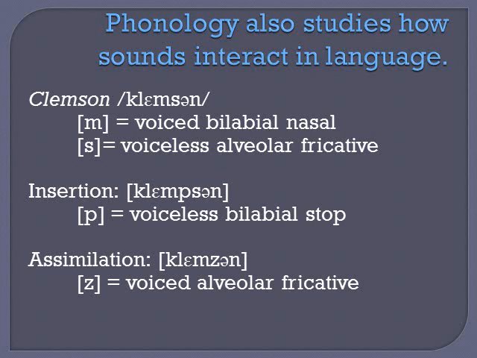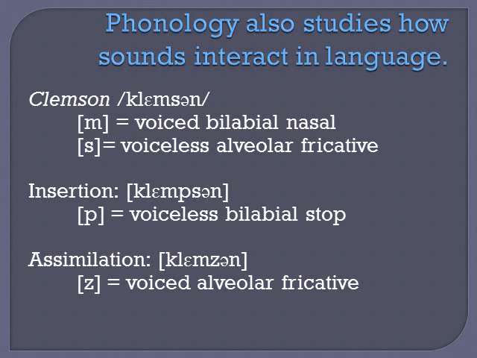Another solution to the problem of this pronunciation is to, instead of an S, to pronounce a Z there. And you see that the Z is a voiced alveolar fricative. It now has something in common with the M. They're both voiced sounds. And so you don't have to change as much going from the m to the Z as you do from the m to the S. Right?